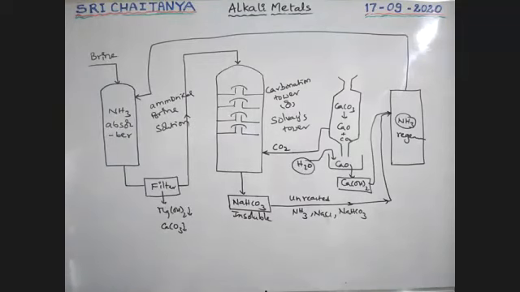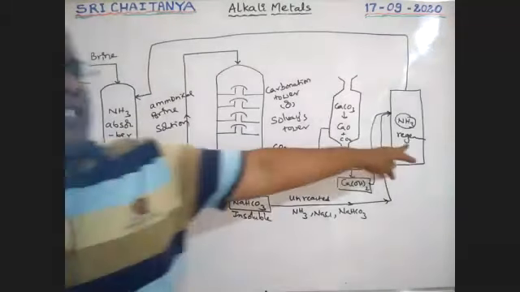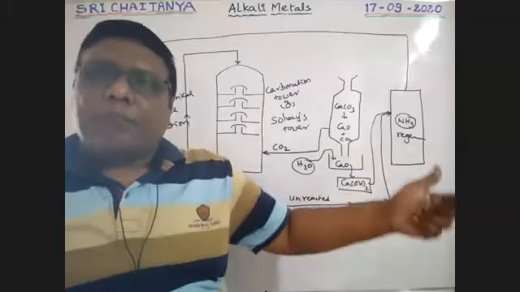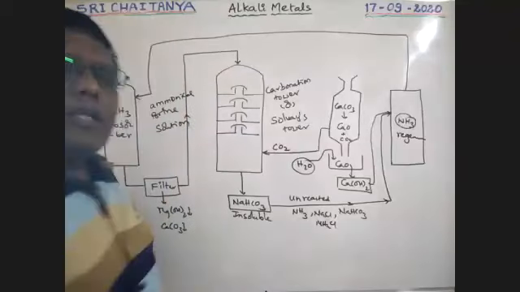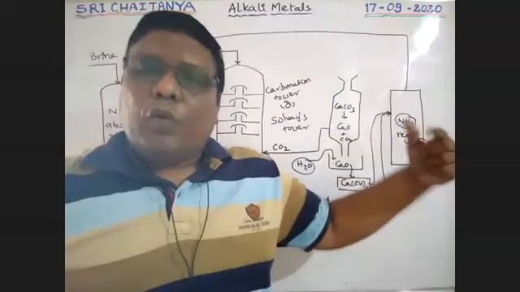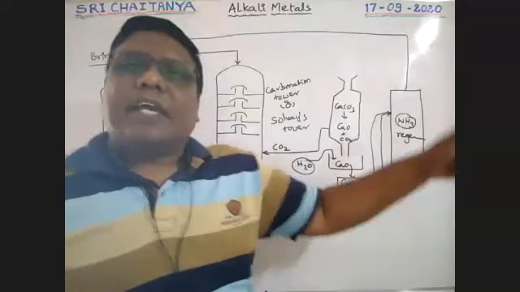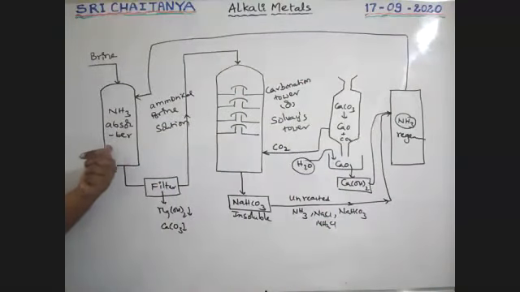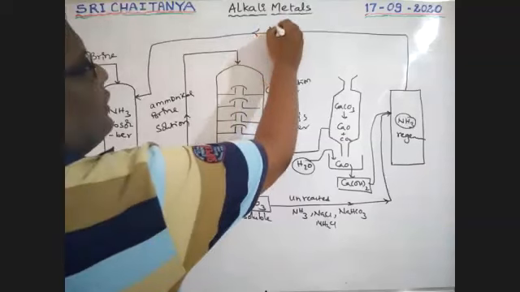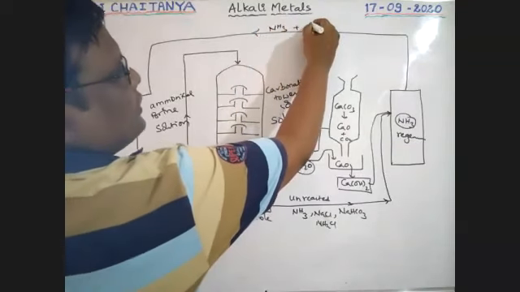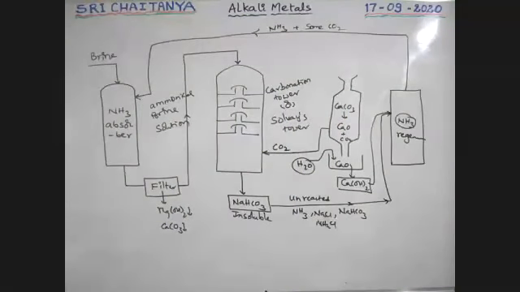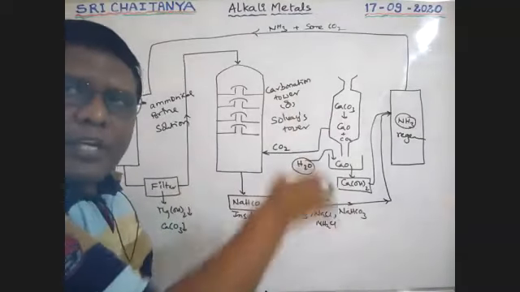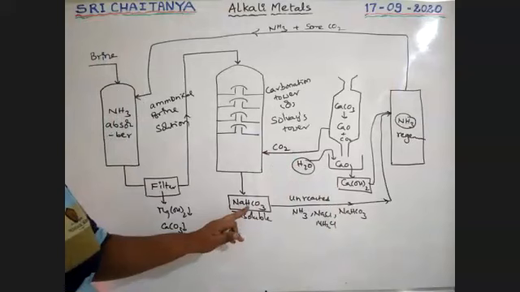Side reactions also take place here: ammonium chloride is also available, and it reacts with calcium hydroxide to regenerate ammonia. That regenerated ammonia, plus some CO2, enters once again into the ammonia tower. This is the diagrammatic arrangement for the preparation of NaHCO3.